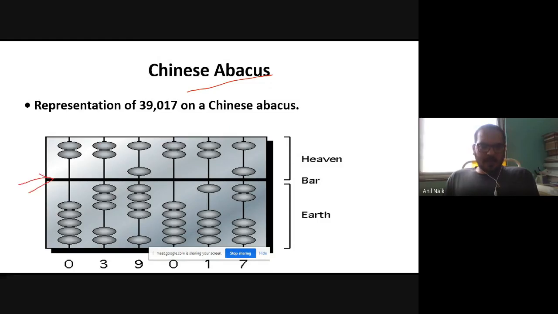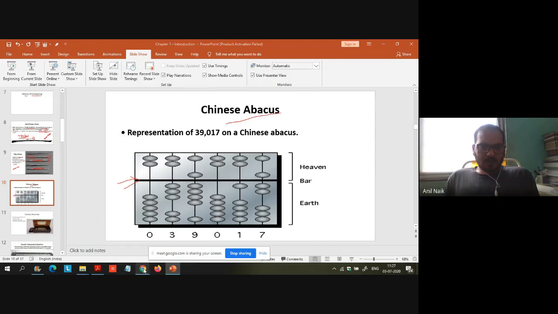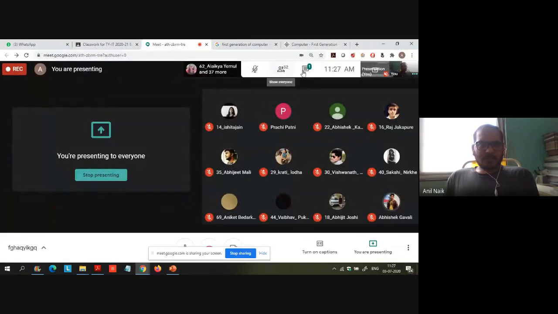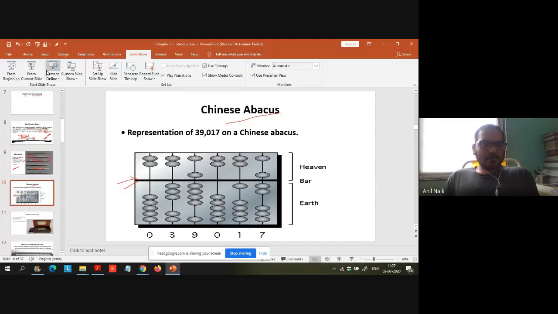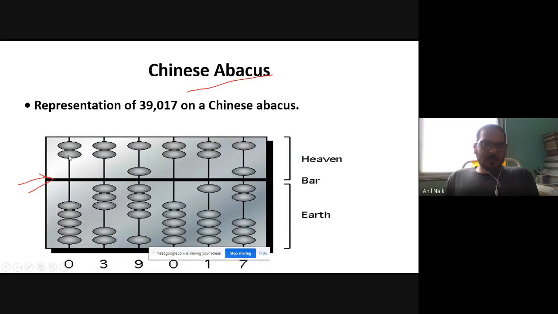So this is one middle bar, and the top beads indicate 5 points, and each bead below is worth 1. So this is the value 39017.